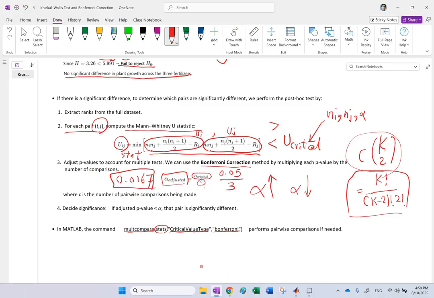And then it gives me a result, and this result is a matrix with so many columns. The only columns I really need are the first two, which are going to tell me which pairs of groups are being compared, and the last one, which is the p-value. And depending on whether that p-value is less than alpha or not, I decide whether that pair I and j were significant or not significant.